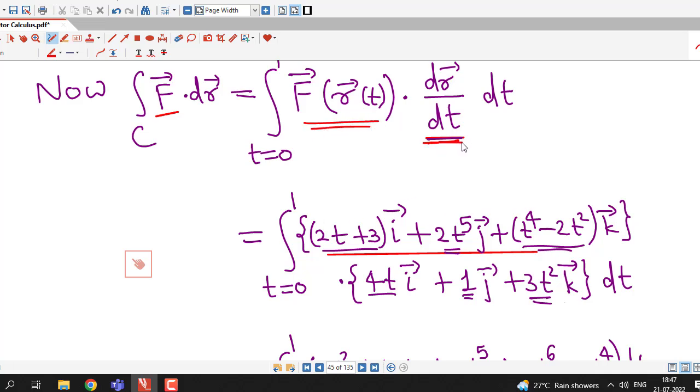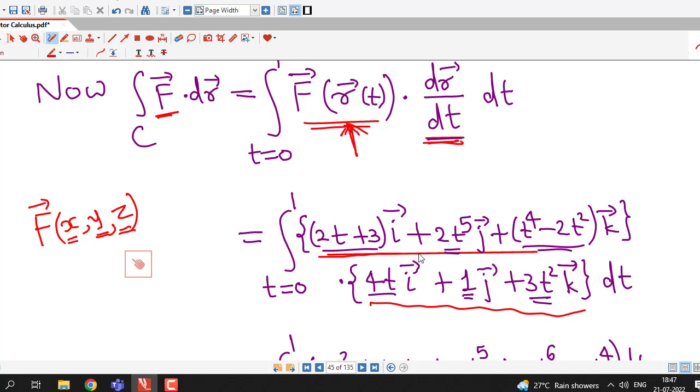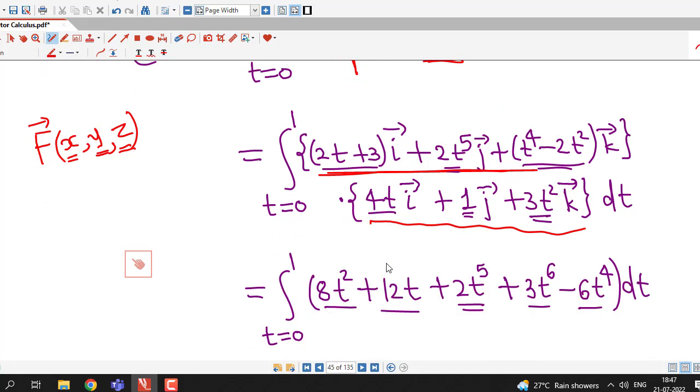Okay, we first find out dr bar by dt in terms of t, then we convert our vector function f bar. F bar is given as a function of xyz, and by taking xyz in terms of t, we convert vector function f bar in terms of t.